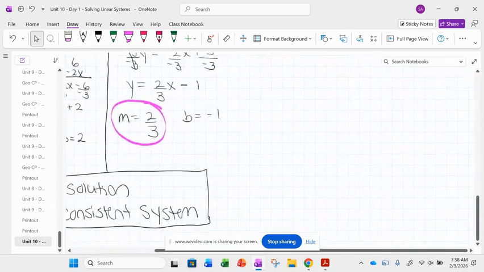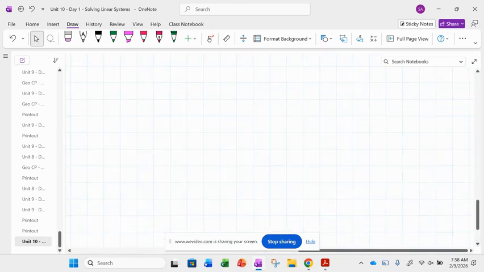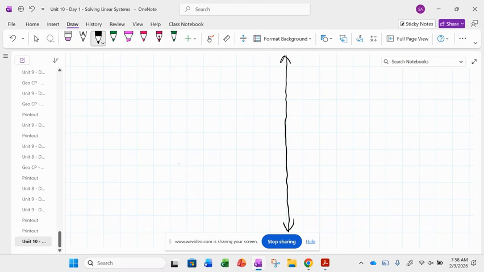And just to prove that, I'm going to graph this. So our first y-intercept is a positive 2. And then we're going up 2, to the right 3. And then down 2, left 3.